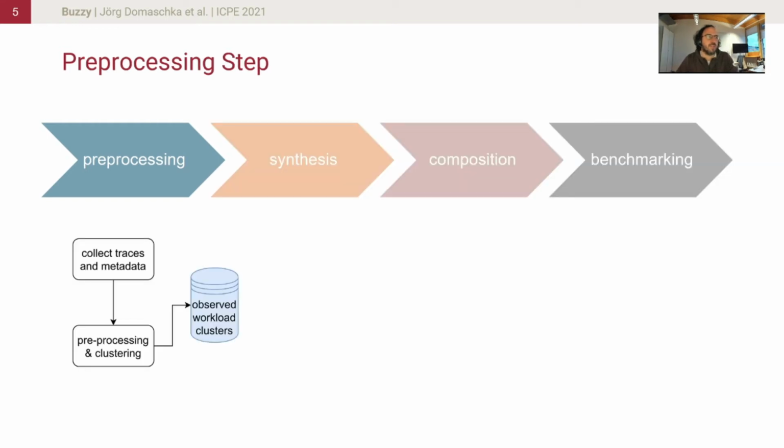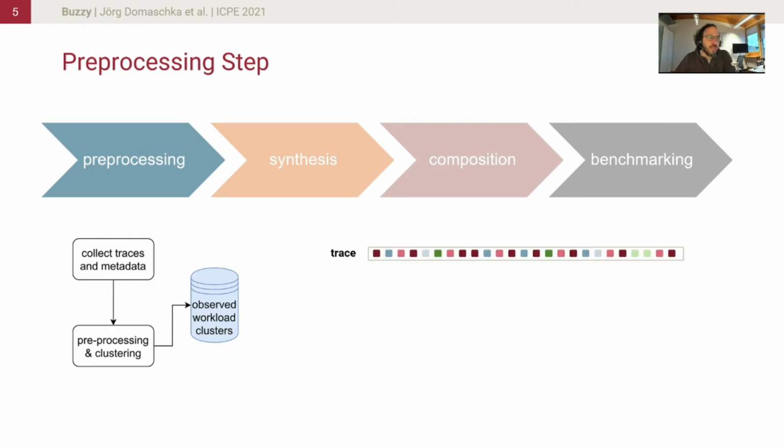The pre-processing step basically deals with collecting the traces, collecting additional metadata, and doing some pre-processing, that is cleaning the data, rearranging data, and clustering. That will be needed later on in order to have less noisy input to the synthesization process.